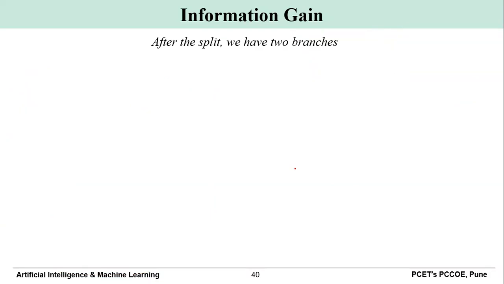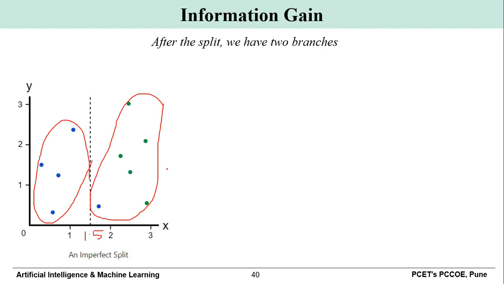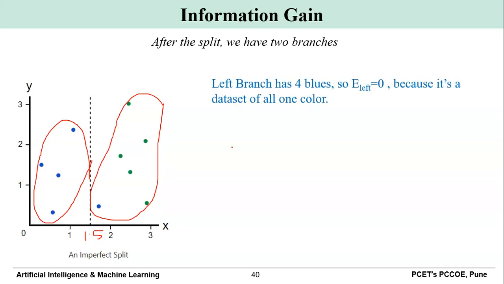Now we will go to the second case, where we drew one vertical line at x equal to 1.5. For this split, we have two branches, a left branch and a right branch, and we will try to estimate the entropy. For the left branch, you can see there are 4 dots and all dots are of blue color. So its corresponding entropy will be 0, because all dots are of the same color.